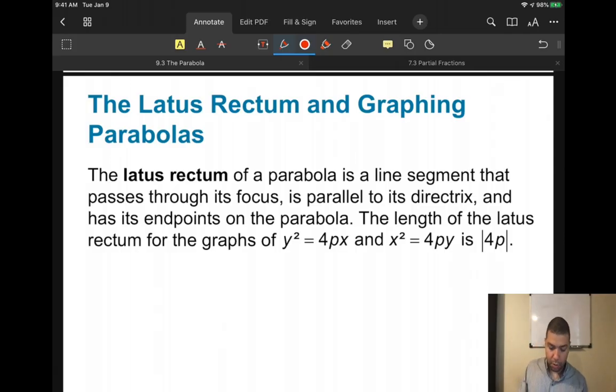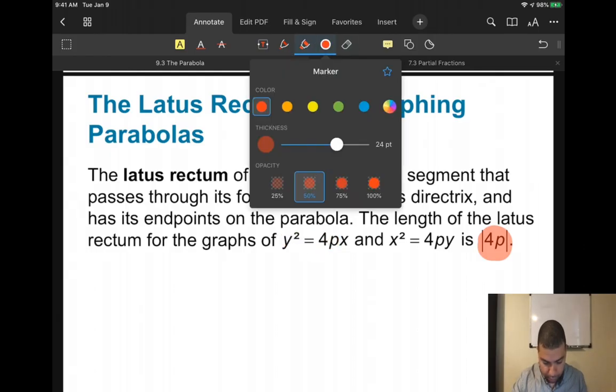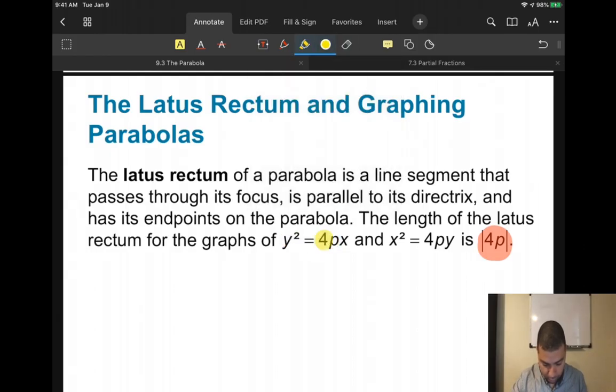It has endpoints on the parabola. The length of the latus rectum for graphs of this shape is the absolute value of 4p. So it's the absolute value of this thing here, right? Okay. So it's always going to be the same value.